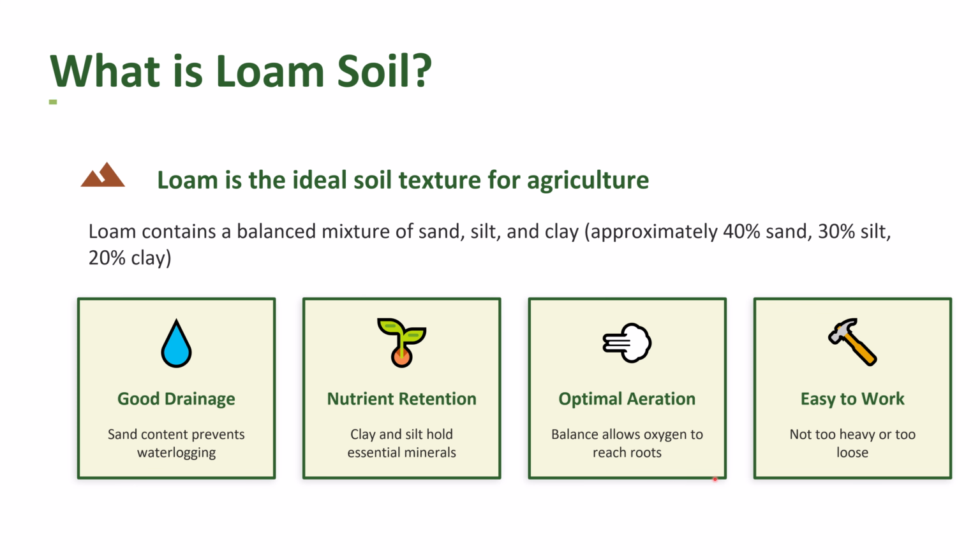The balance creates tiny air pockets allowing roots to breathe. Easy to work. It's not too heavy like pure clay and not too loose like pure sand, making it easy for farmers to plow and plant. In short, loam is the all-rounder that makes farming successful.